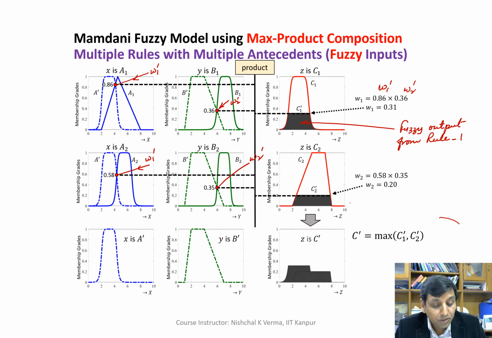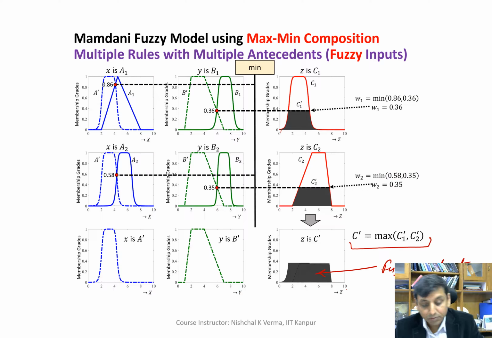So when we do this, we are getting here W1 dash, W2 dash, and yes, these are small x, small y, small z, small x, small y, small z, small x, small y, small z, everywhere.